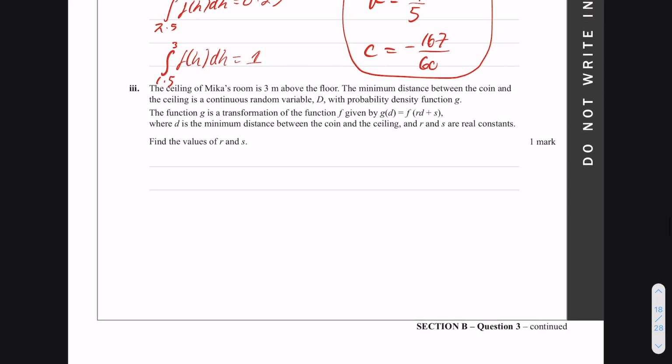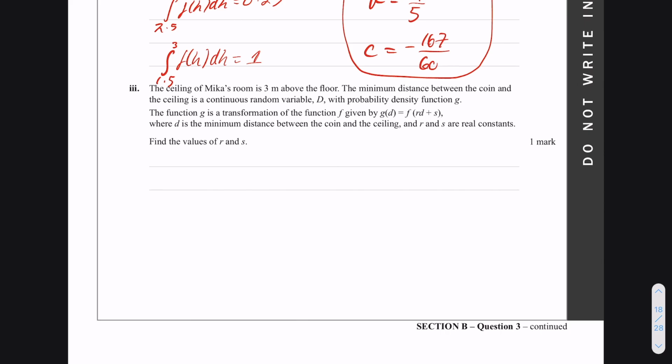The ceiling of Mika's room is 3 meters above the floor. The minimum distance between the coin and the ceiling is a continuous random variable d with probability density function g. The function g is a transformation of the function f given by g of d is f of rd plus s. D is the minimum distance between the coin and the ceiling.